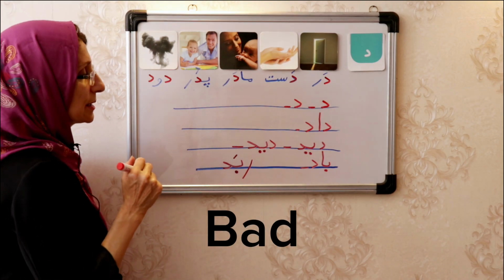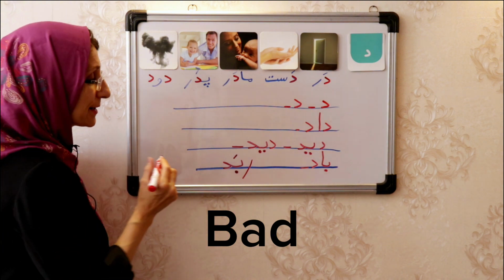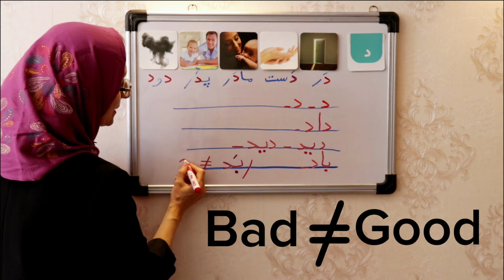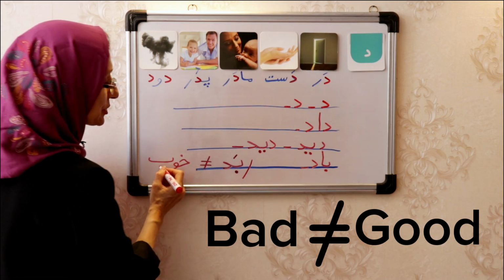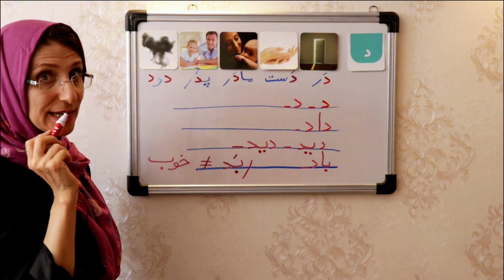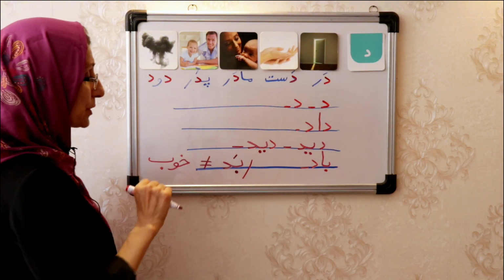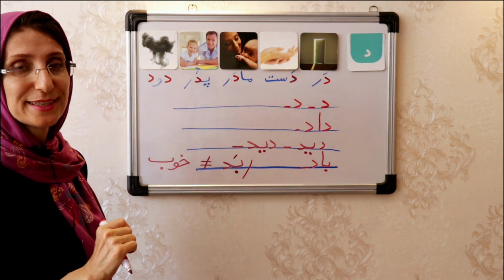By the way, the antonym for bad is خوب. That I will teach you later in خ sound. Bad. خوب. The first antonym you learn in Persian.